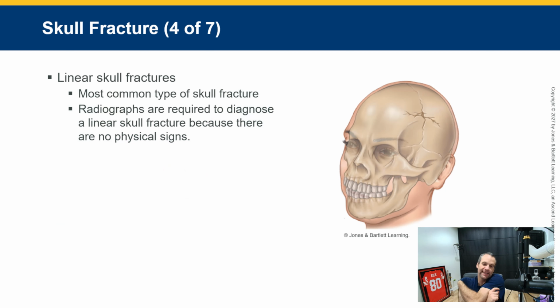To move on, let's talk about linear skull fractures. You can see by the image, this is essentially a narrow crack in the skull without inward displacement of the skull. This is what we would consider a non-displaced fracture, and it's one of the more common skull fracture patterns.